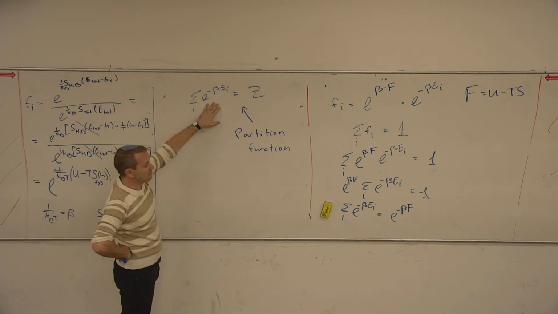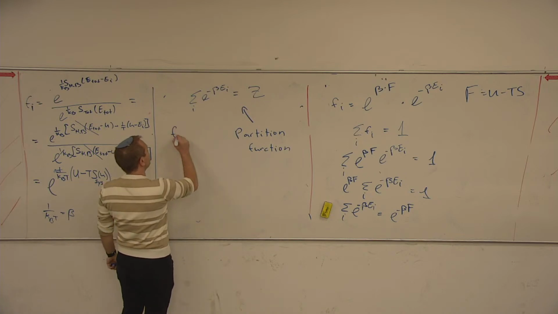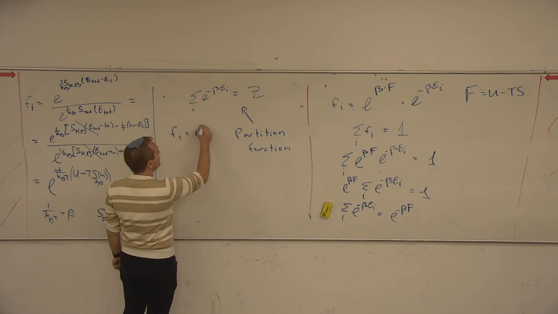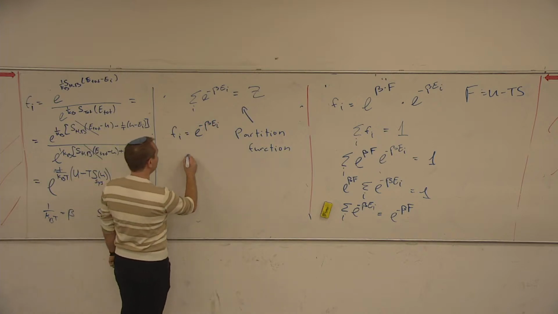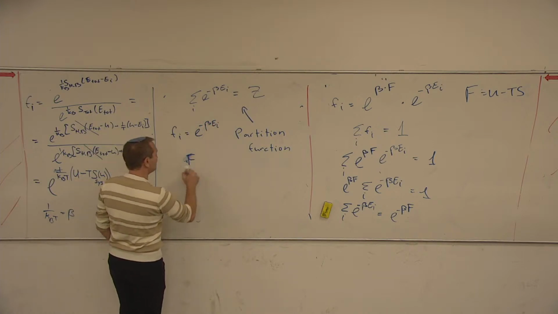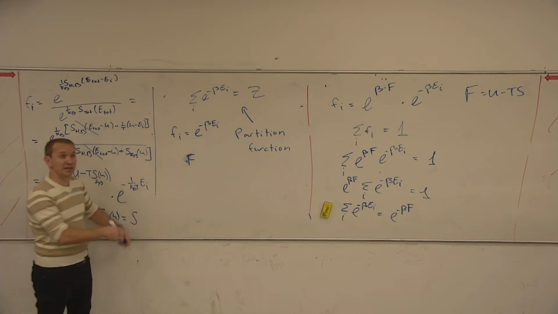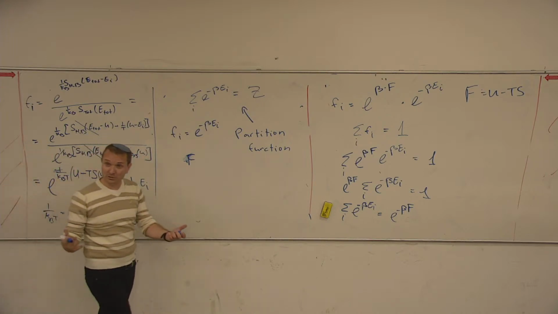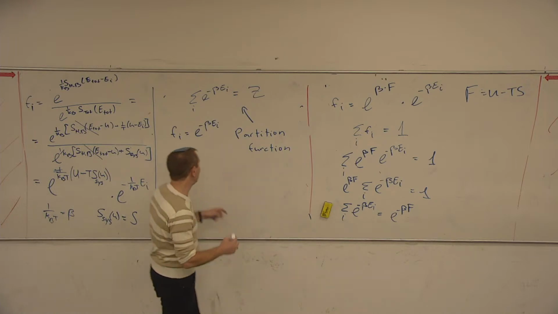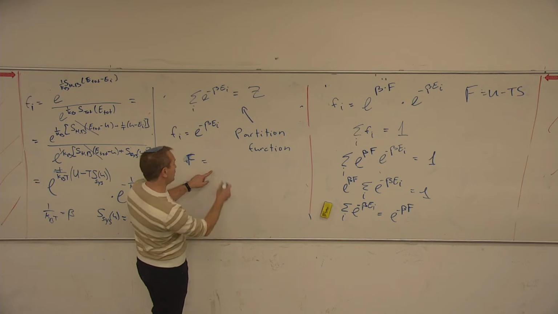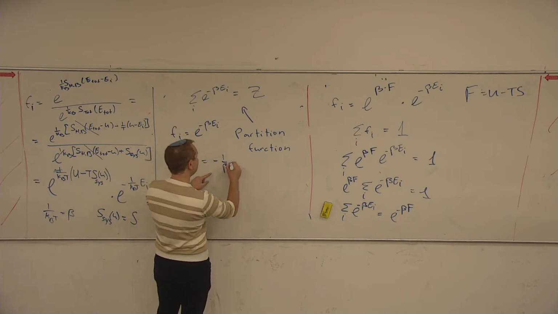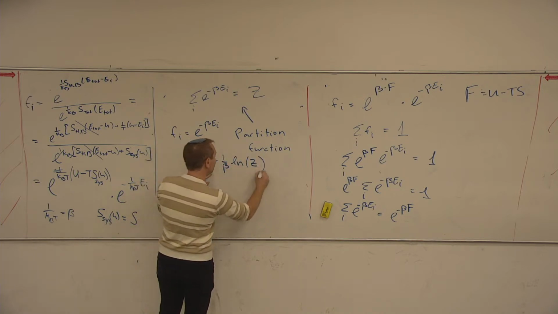So this is Z. We know that p_i equals e to the beta F times e to the minus beta E_i, and we know that F, which is the thermodynamic quantity that we can relate to observables, average observables, equals what?